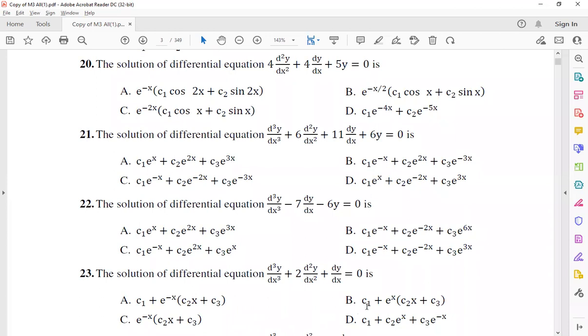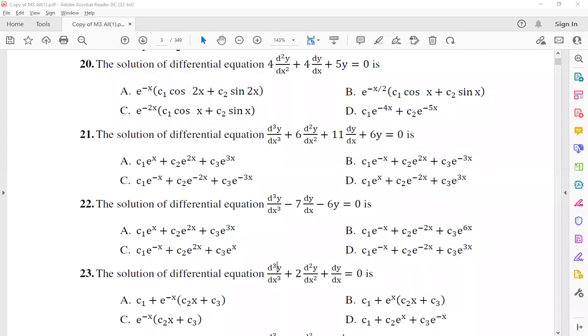Option A. But now I want to tell you something. D cube plus 2D square plus D is equal to 0. It is not always true that whatever calci will show you lastly is correct in case something is common. Yes, D is common here.